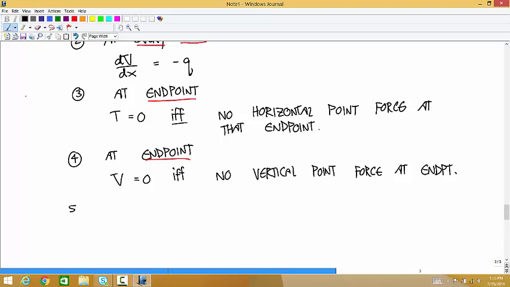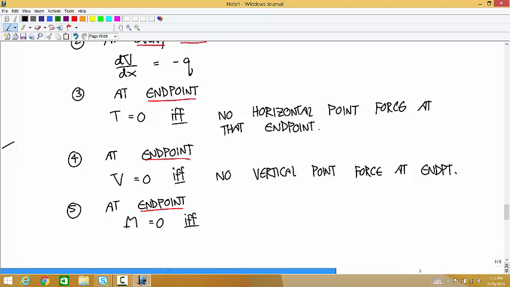The fifth one. These are all very similar, but we're just going through each of these values at the endpoints. At an endpoint, m is equal to 0 if and only if.